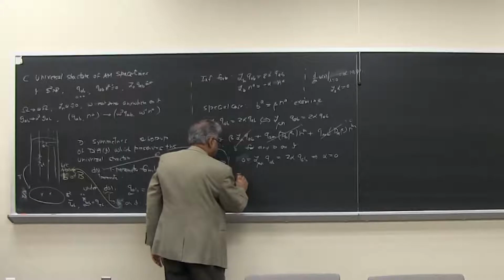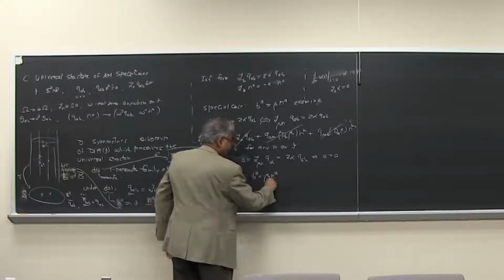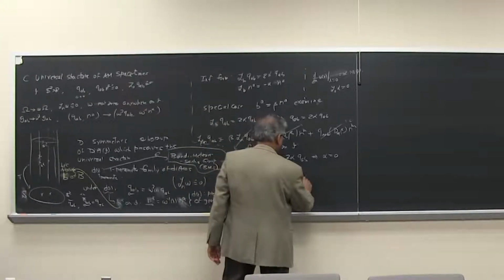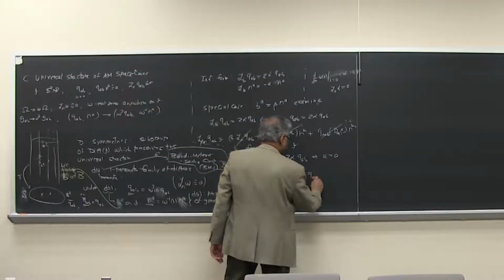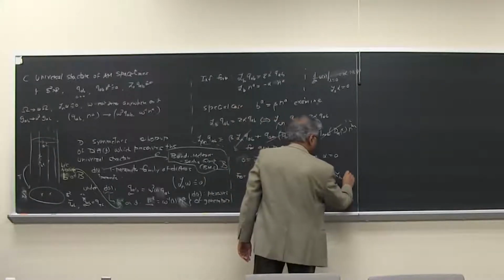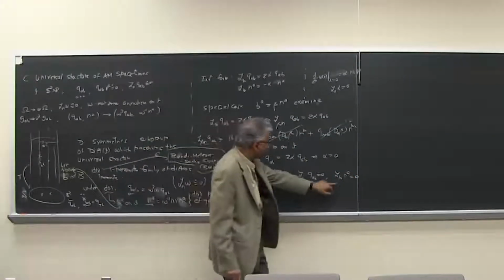So for a BMS vector field BA of the type beta Na, we see that the Lie derivative of QAB should in fact be equal to 0, and therefore by this equation B should also be 0. But now we again substitute.